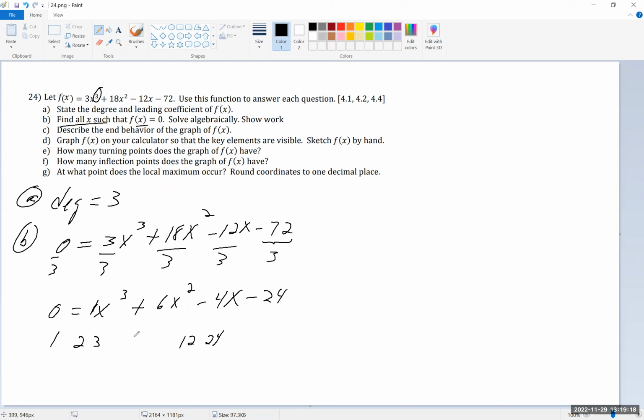So factors of 24 are 1, 2, 12, 3, 4, and 6. And I think that takes care of all of them. Of course, it could be negative. So now I am going to pause so that I can make a good guess, because one of those should be a root.